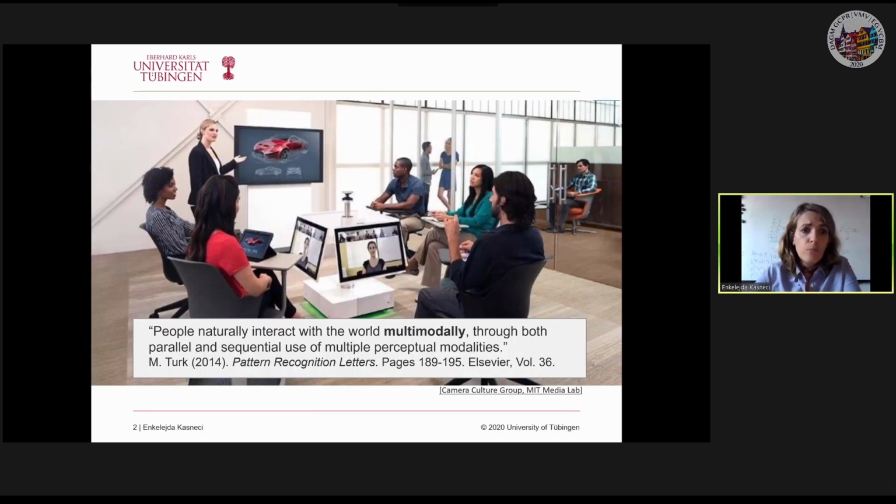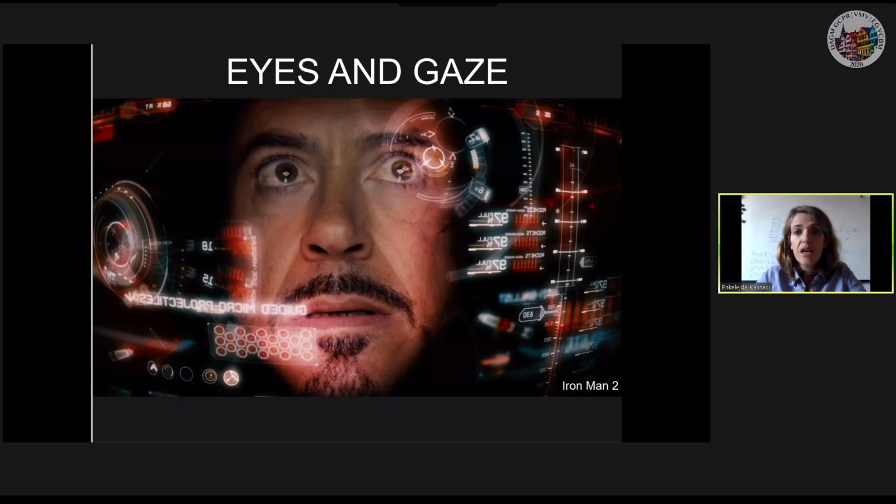When we look at how we as humans interact with each other and with the world, we do so in a multimodal way, through both parallel and sequential use of multiple perceptual modalities. To be more precise, in our daily interaction, gaze is definitely one of the most important information cues that we use.